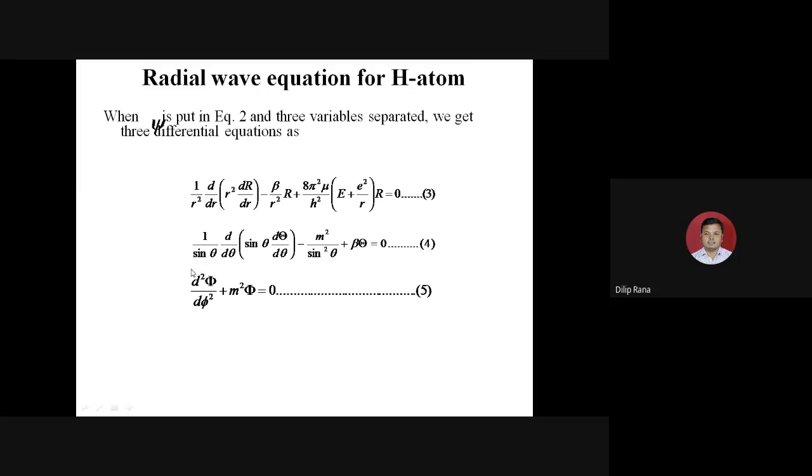Similarly, if we solve for theta, this is equation number 4, and the last one is for phi.